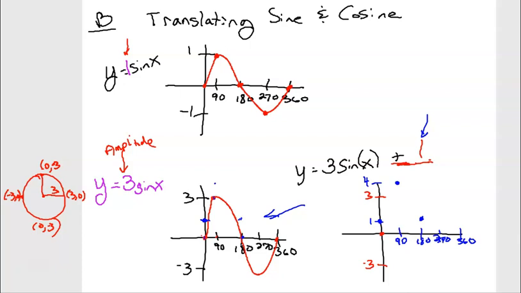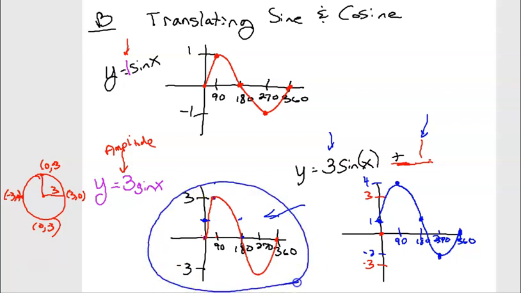Because it got shifted up 1 spot, it's actually only going down to -2. So it's the same function. It's still amplitude of 3, but it got raised up 1 spot. It's taking this same function, but raising everything up 1 spot.